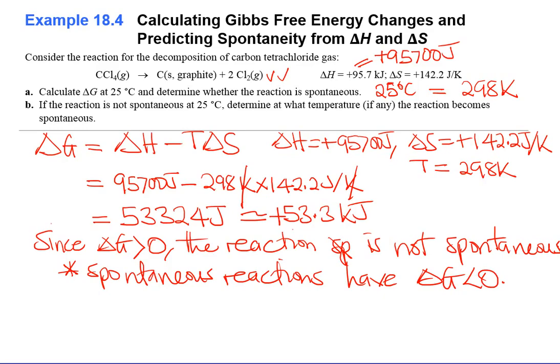And that leads us to answer question B. If the reaction is not spontaneous at that temperature, determine at what temperature the reaction is going to become spontaneous.